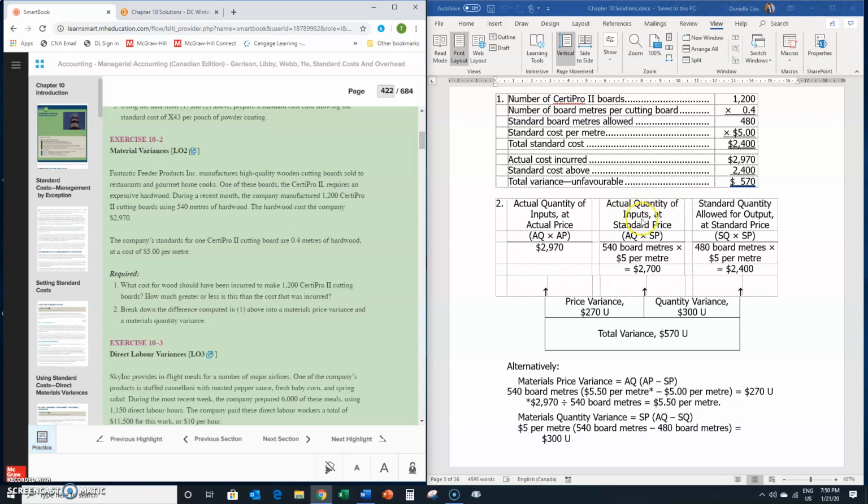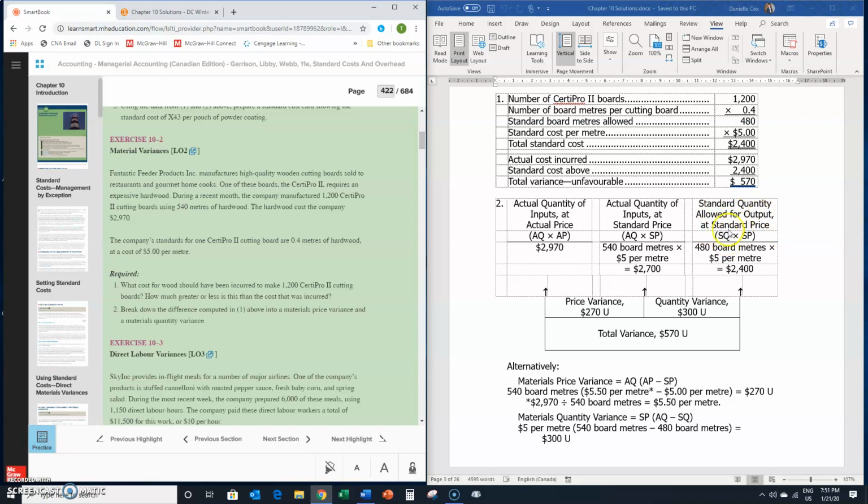Actual quantity of inputs at the standard price. So actual quantity times standard price. The actual quantity used was 540 meters multiplied by the standard price, which is $5 per meter. So that gives us $2,700. And then our third amount is our standard quantity allowed for output at the standard price.